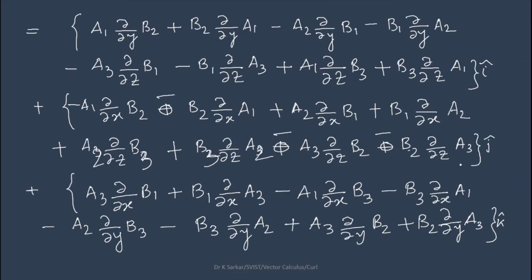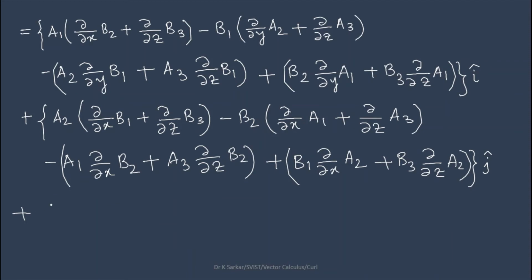Next, let's see here. So here we see that A3 del/del x B1 plus A3 del/del y B2. So it is correct. A3 del/del x B1 plus del/del y B2. Next, I think here we have got minus B1, minus B2.